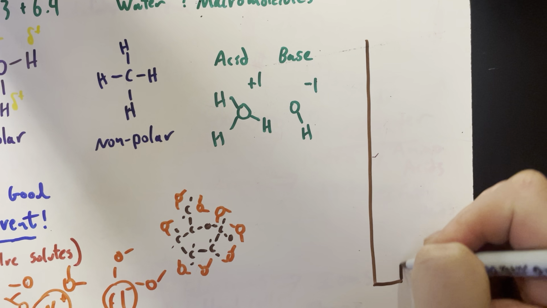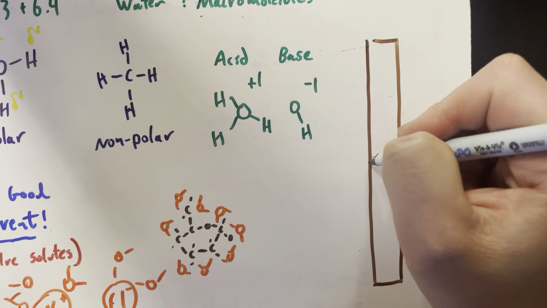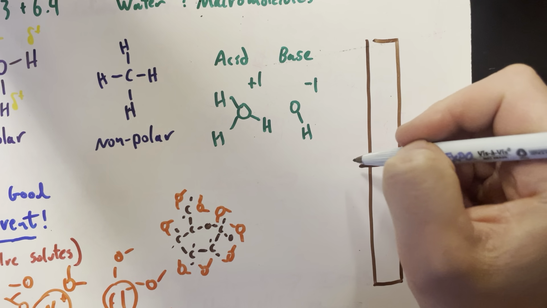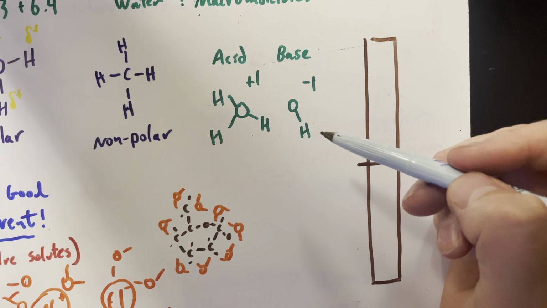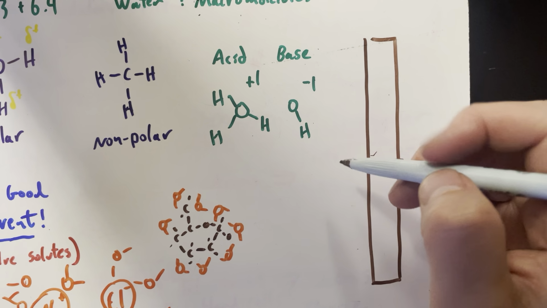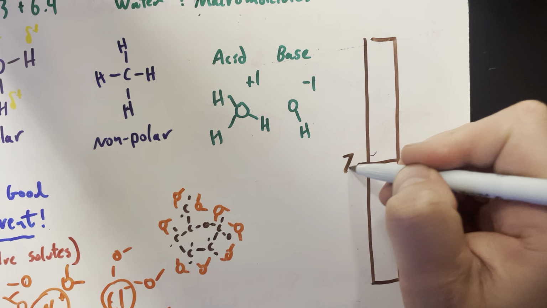And that brings us to this scale here, right in the middle. I don't remember off the top of my head the actual conversion, but we're going to put it as a 7.